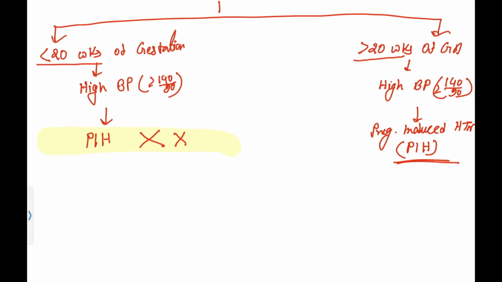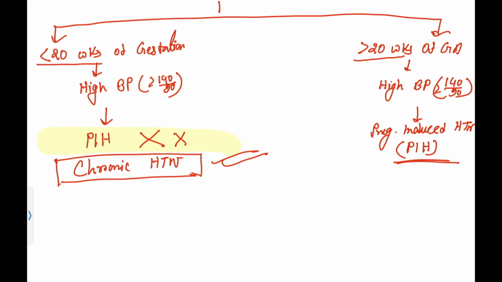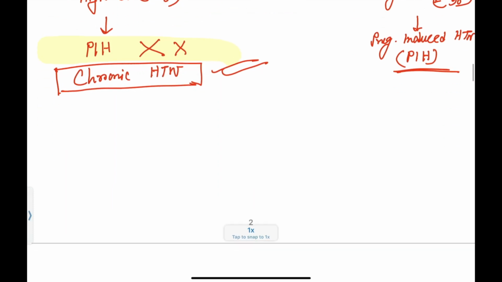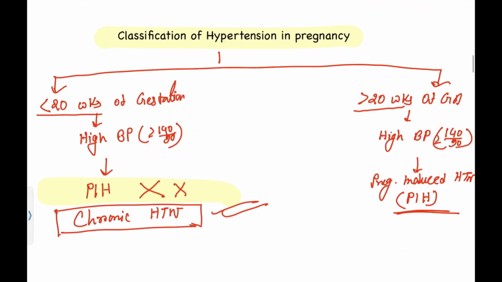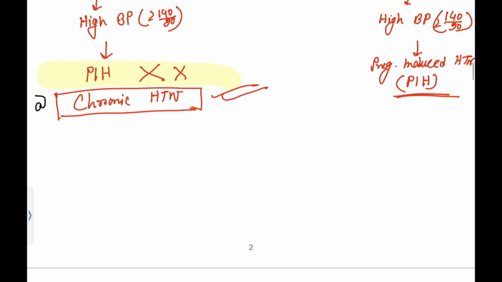Then what is it? It will be called chronic hypertension. Majorly we classify hypertension in pregnancy into two classes: one is chronic hypertension and another one is pregnancy induced hypertension.